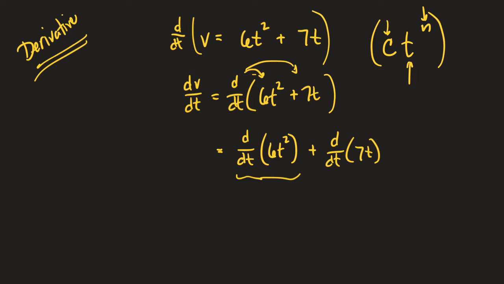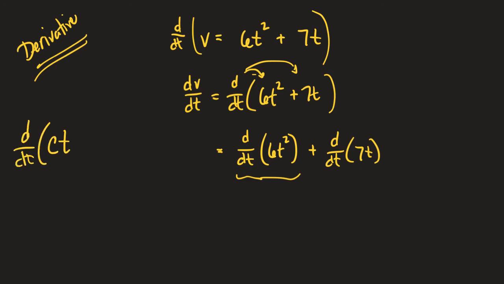Oh, good. Because the rule for finding the derivative of a polynomial is relatively easy. If you have d dt of ct to the n, the rule is to bring down the exponent and multiply your coefficient times your exponent.